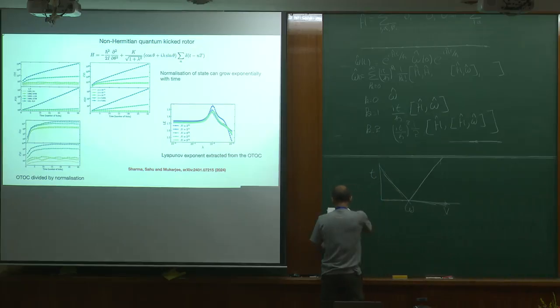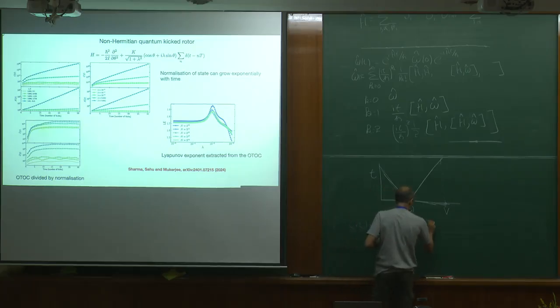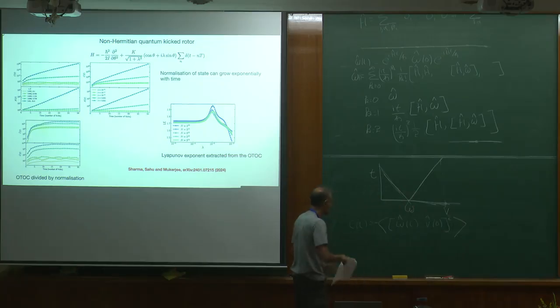So what you can do is actually show, just from this simple argument, that the OTOC at some time t, so let me write down the expression for the OTOC again. So C of t is minus, right?